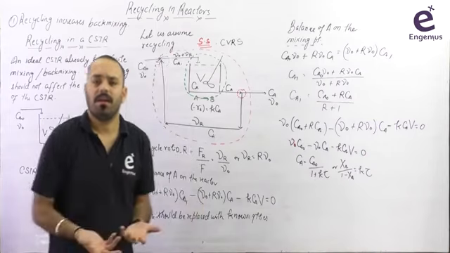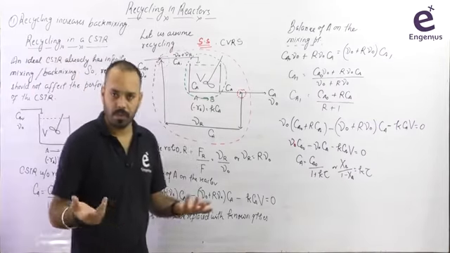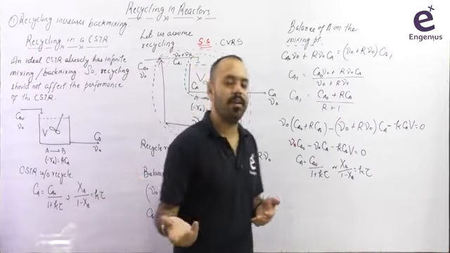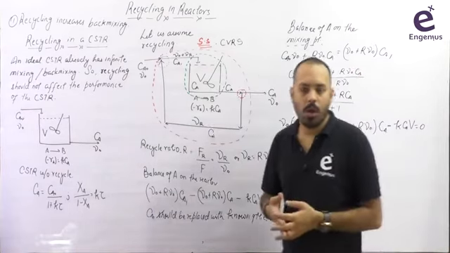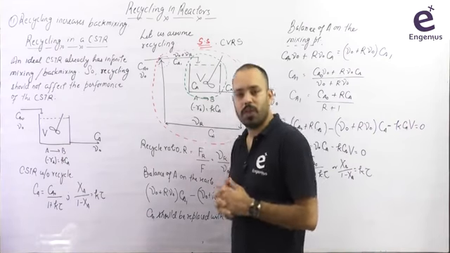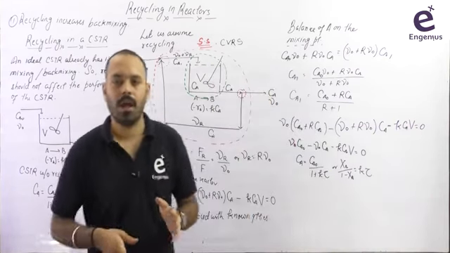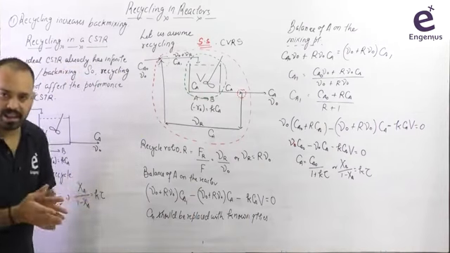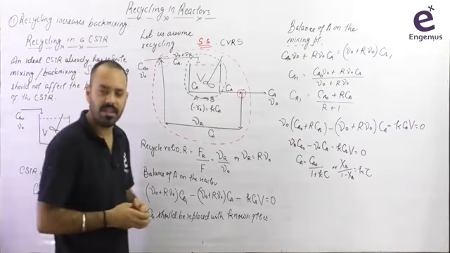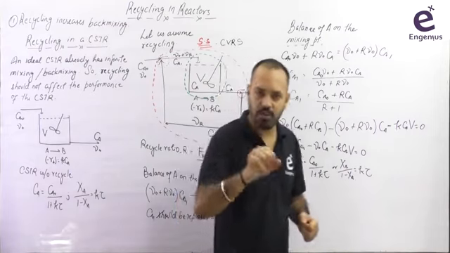Suppose there is some recycle and the recycle ratio is equal to 2. And suppose there is a third case when there is very high recycle, when the recycle ratio is equal to 50 or 100. What can you say about the conversion obtained for the reaction in all these three cases, for various values of the recycle ratio?